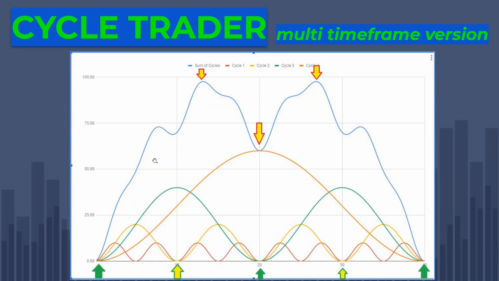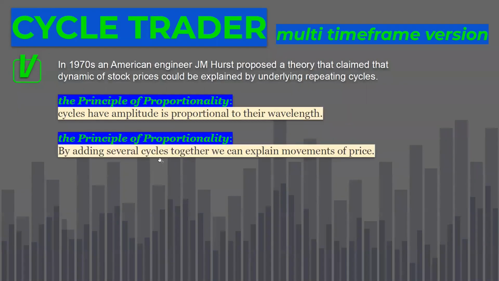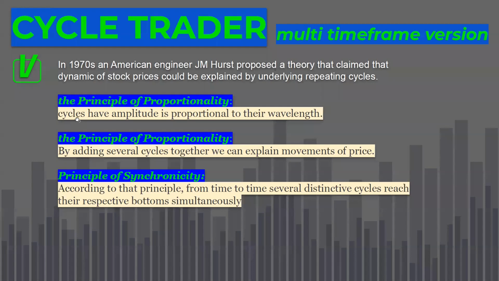The problem with cycle analysis is that those cycles sometimes stop and find a bottom at different points in time. And this is where the principle of synchronicity comes in handy. According to the principle of synchronicity, from time to time several distinct cycles reach their respective bottoms simultaneously.